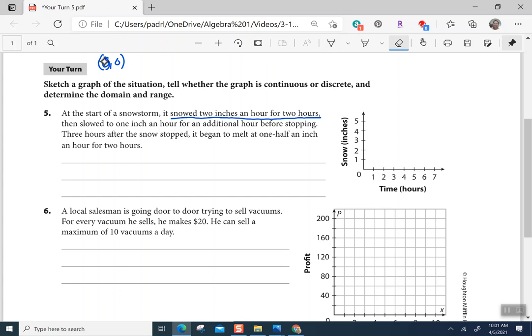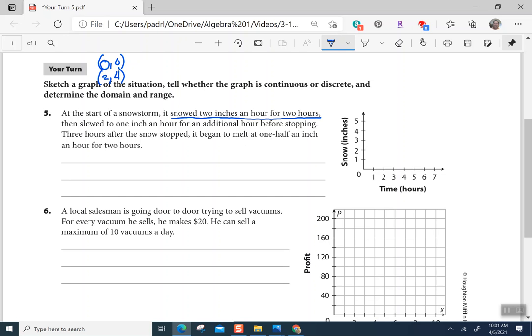Let's make those look prettier. Okay, 0, 0. Okay, so it started with no snow, and after 2 hours, it was 2 inches per hour, so that's a total of 2 hours, and we had 4 inches on the ground.